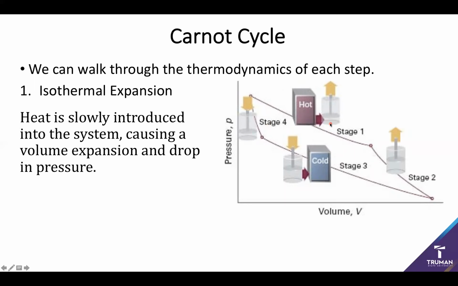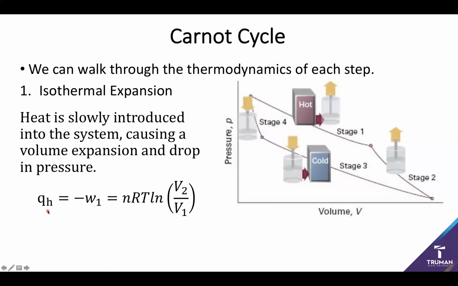What this is going to end up causing is an expansion of the volume, but we're also going to similarly see a pressure drop, as this is a reversible system. And it turns out we already have a set of equations to model this volume change.